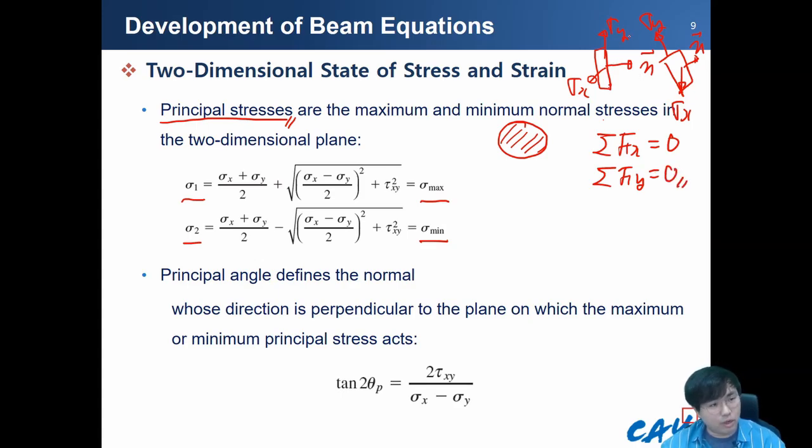Although I mentioned x and y here, actually i, j is more correct. This is a local coordinate, or this is a global coordinate. In the global coordinate system, the solid structure is in the equilibrium state. However, the stresses vary depending on your defined surfaces.